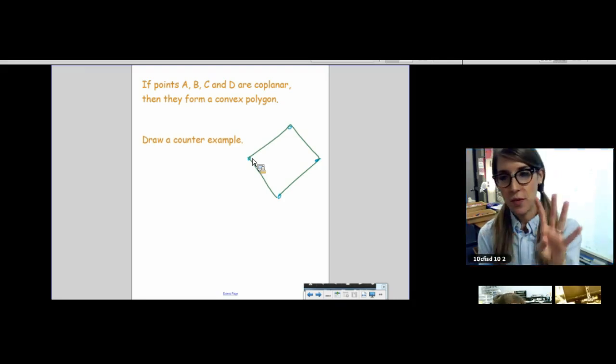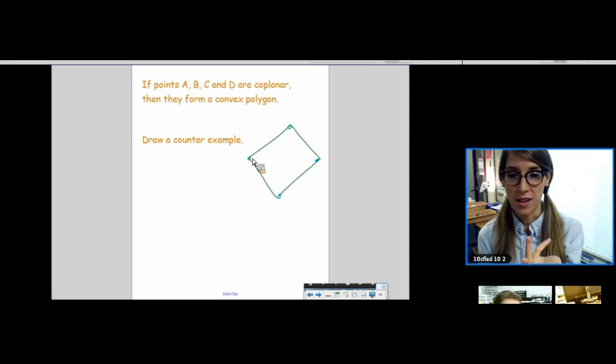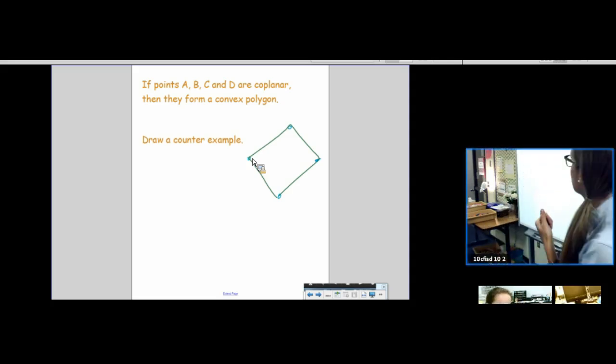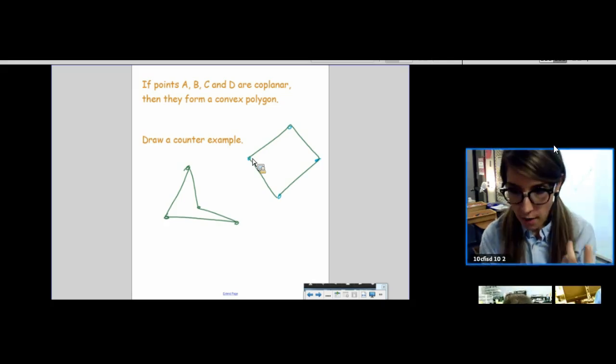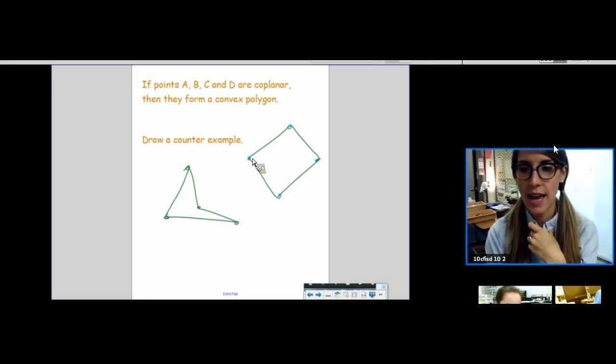I did 4 coplanar points, but they formed a convex polygon. Yeah, I want one that's not convex. So that would be a counterexample. 4 coplanar points that do not form a convex polygon. It's concave. Very good.